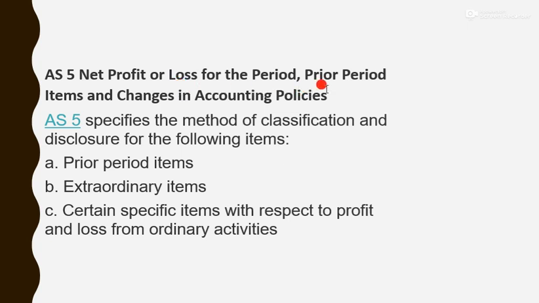Here we have prior period items. So what are prior period items? Prior period items can be defined as income or expenses which arise in the current period as a result of errors and omissions in the preparation of financial statements.